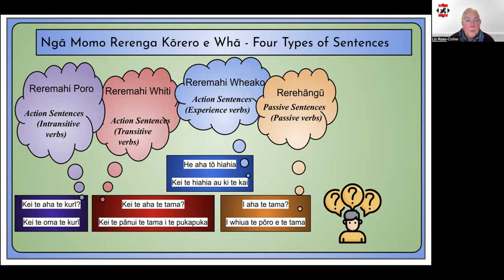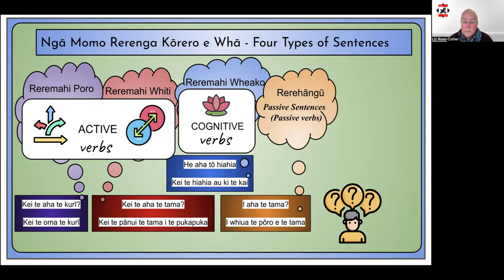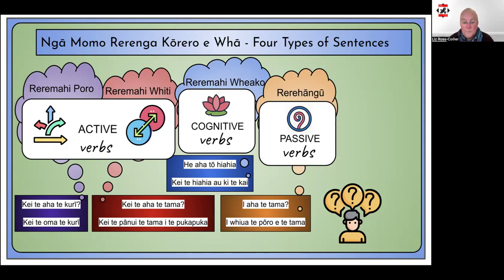The first 2, reremahi poro and reremahi whiti, have active verbs. Reremahi whiako use cognitive verbs, or you might have heard them called experience verbs, tūmahi whiako. And the rerehanga use passive verbs, or tūmahi hāngu.